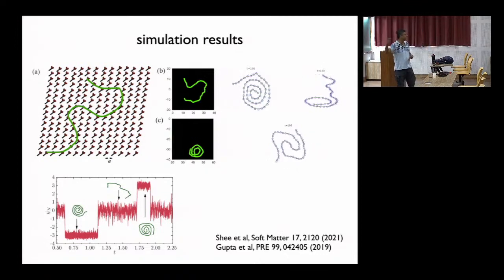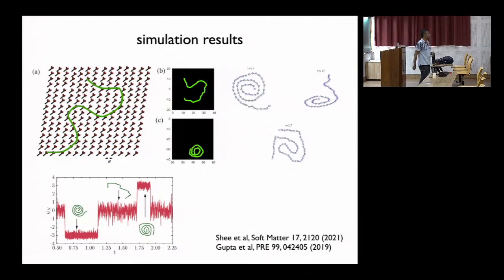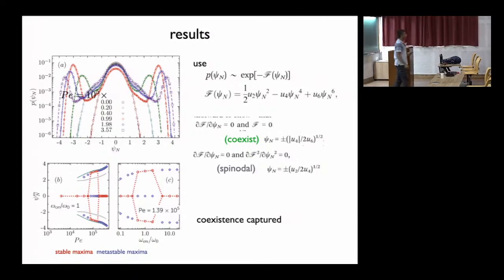I'll show some of this, which also allows us to analyze and predict more things. Maybe I'll not get into the time scales, but even the emergent time scales you can predict from such analysis.